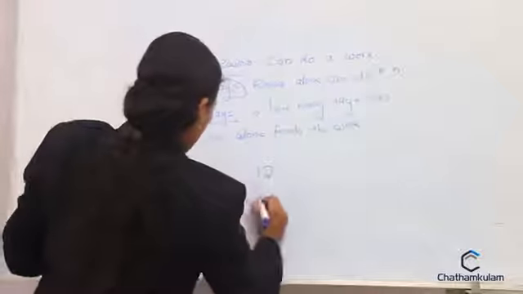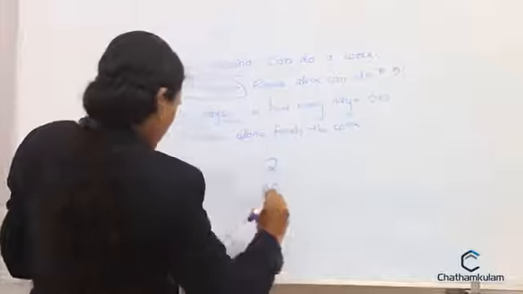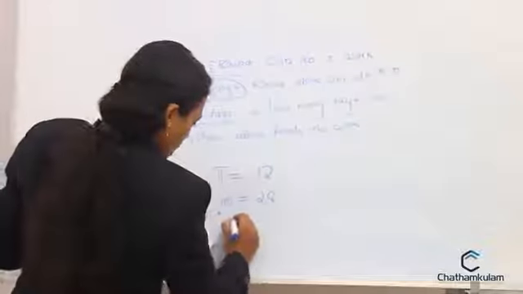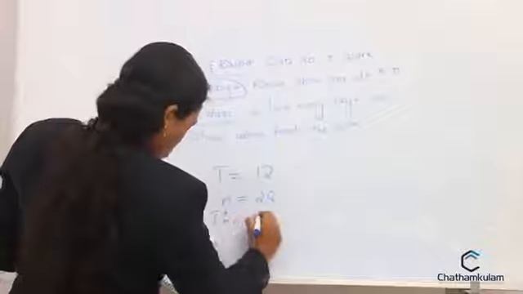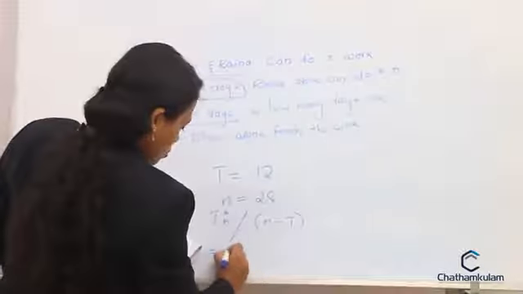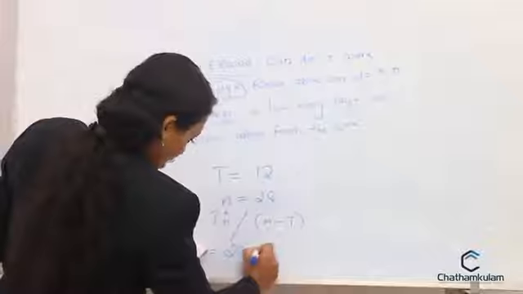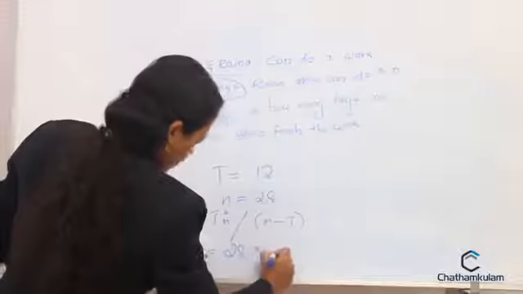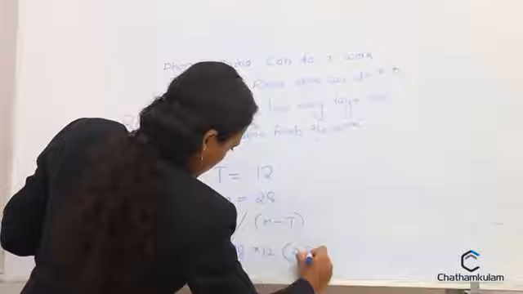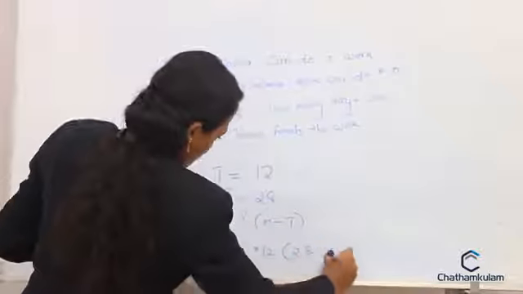N, number of days, is 28. So required time equals N into T divided by N minus T. Here 28 days into 12 divided by 28 minus 12.